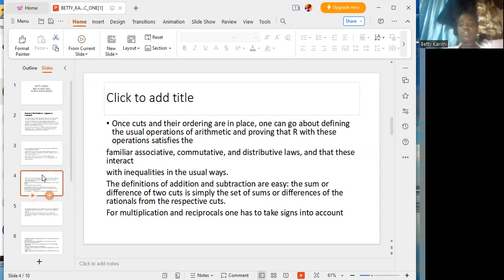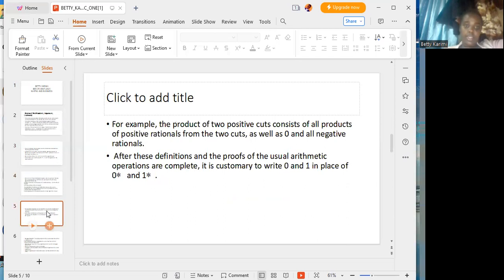For multiplication and reciprocals, one has to take sign into account. For example, the product of two positive cuts consists of all products of positive rationals from the two cuts, as well as 0 and all negative rationals. After this definition and the proofs of the usual arithmetic operations are complete, it is customary to write 0 and 1 in place of 0* and 1*.